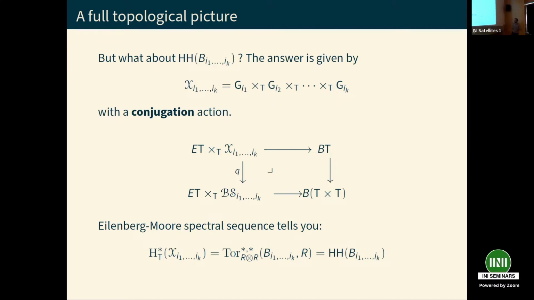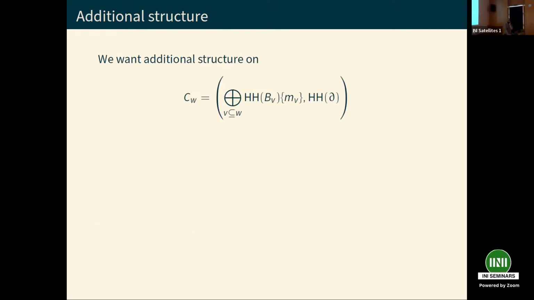And there is a collapse argument that tells you this is indeed giving me the partial homology of Soergel bimodules. So I have then identified all the terms in my Khovanov cubical complex as equivariant homologies of these X spaces.